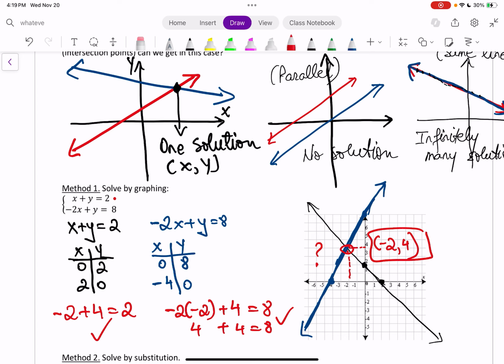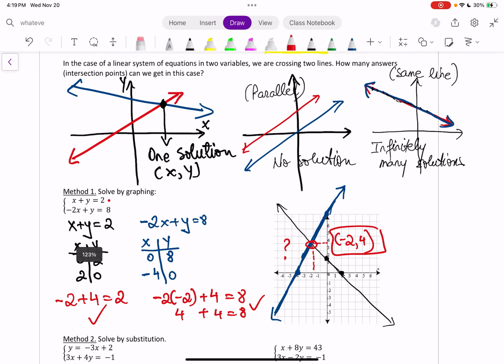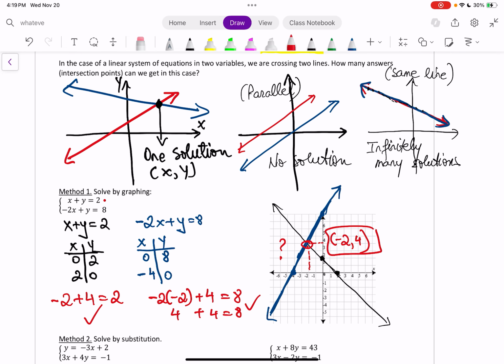All right. So the graphing method is really not quite the best method because even with a nice intersection point that's negative 2, 4, so in other words, it does fit close enough to the origin as in our negative 6 to positive 6 quadrant system.